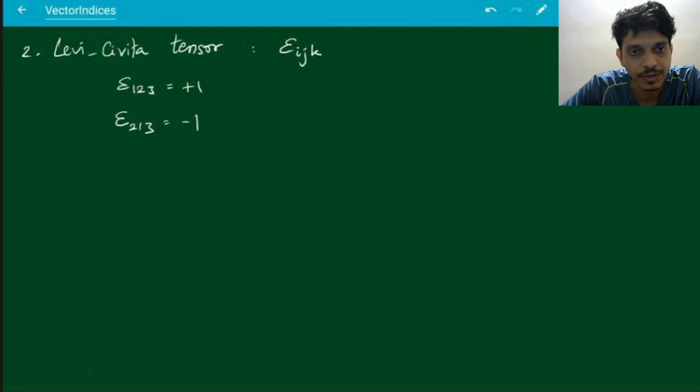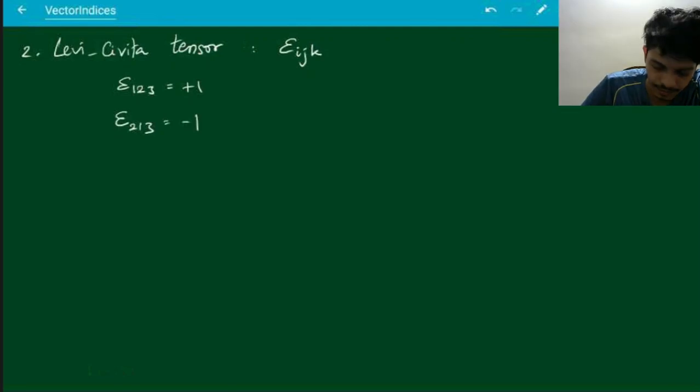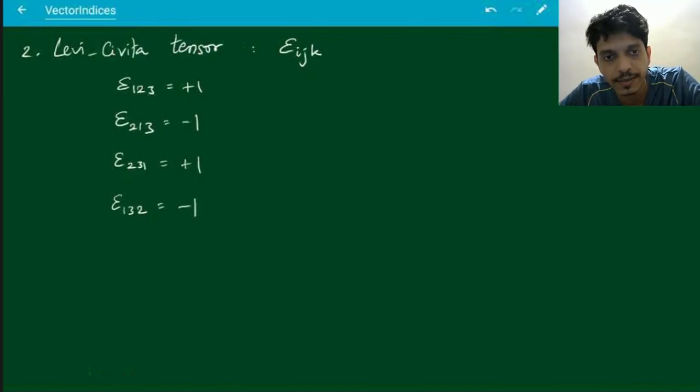Now if I interchange the second and the third one, so 2, 3, 1, then again I have to multiply another minus 1. So minus 1 becomes plus 1. Now if I interchange the first and the third one, so 1, 3, 2, then it will again pick up a minus sign. So every time you make an exchange of two indices, you have to make it the negative of what it was before.